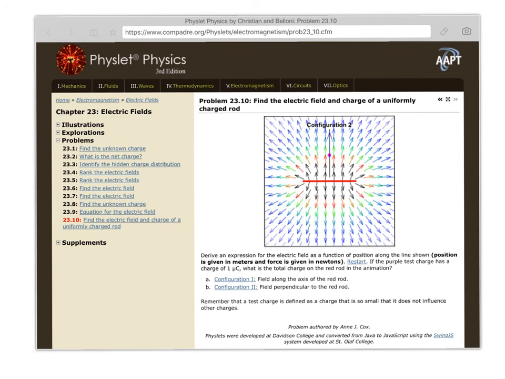And so close to the rod, you should see approximately that 1 over r dependence. And the further away you get from the rod, the more the dependence starts to look like 1 over r squared, because the rod itself, far away from the rod, will look like a point charge, whether you're along this direction or this direction.